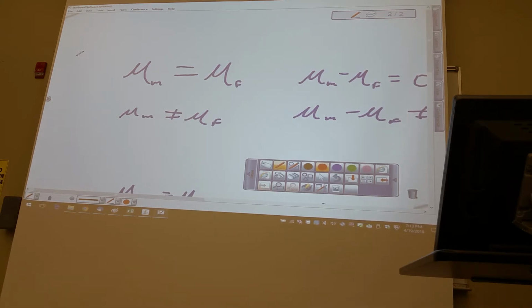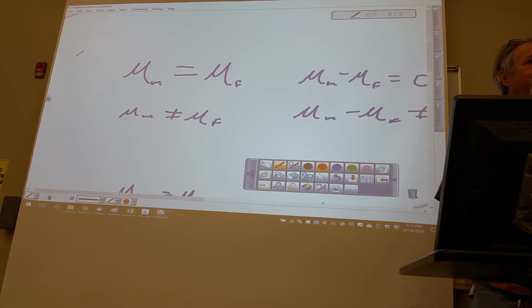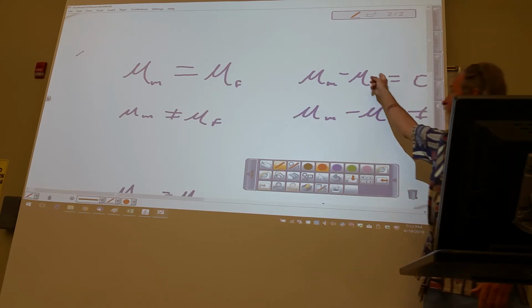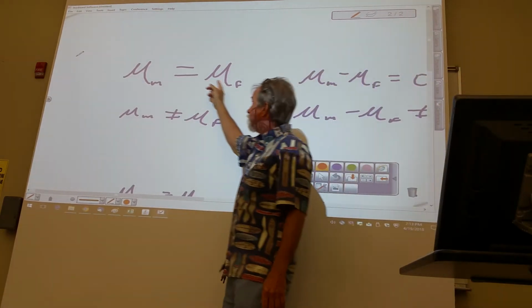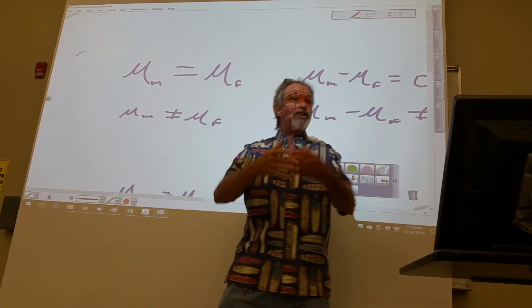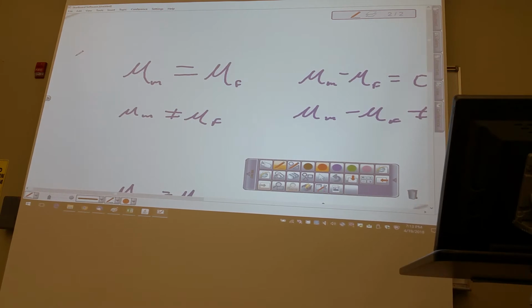Is there a difference between those two numbers, or is there not a difference? Because that's what we're actually looking at. We're not really looking to see if they're equal, we're just looking to see if they're different from one another. That's why some people write it this way as a difference, and some people write it this way. So you just gotta recognize they both go both ways.